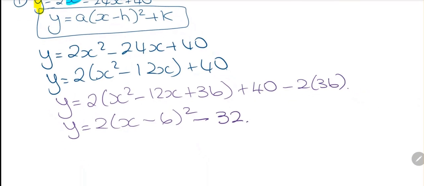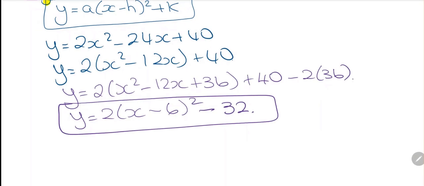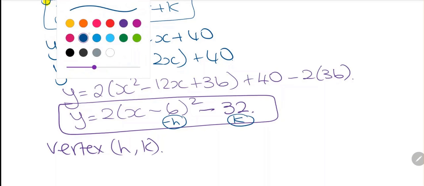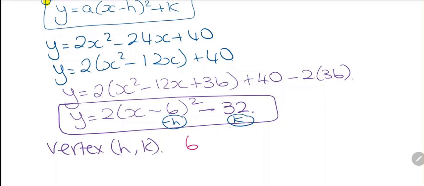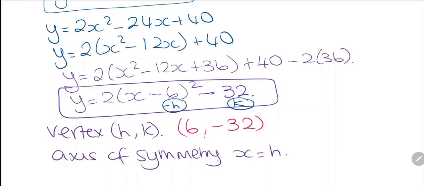So now we can write the vertex. So we need the vertex, which is (h, k). So this is our minus h value, and this is our k value. So h will be 6, and k will be minus 32. So now the axis of symmetry is x is equal to h.